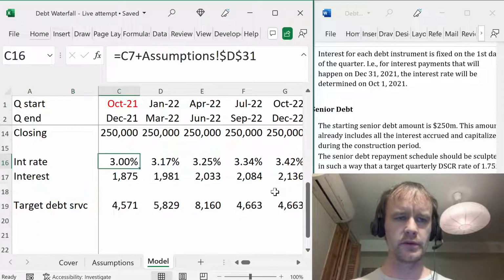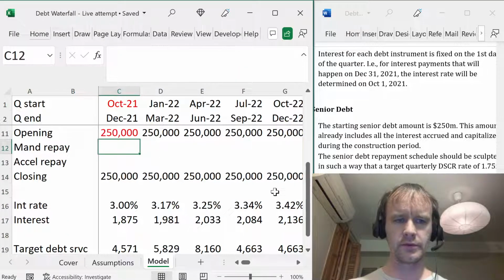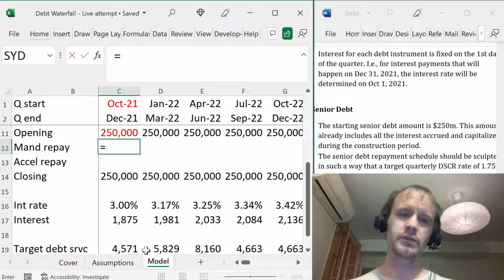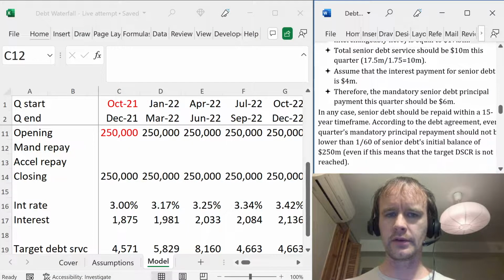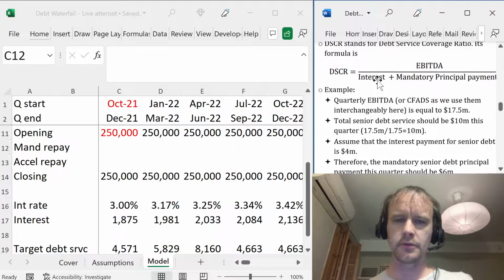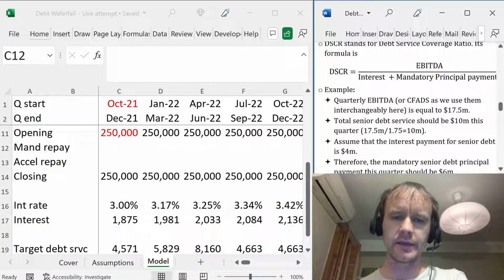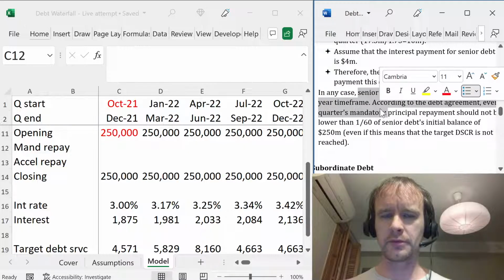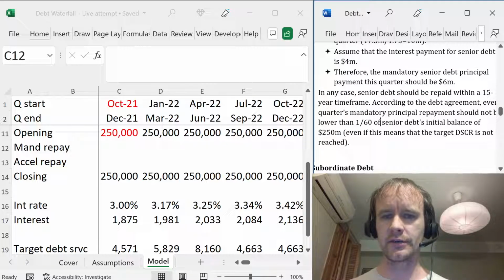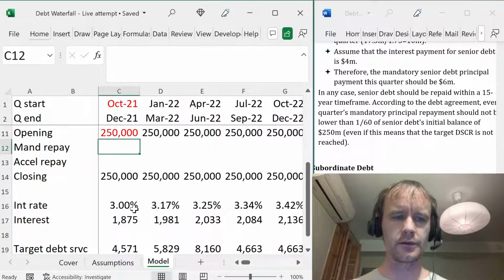So then my mandatory principal repayment is going to be my... before I do that, there's another piece in here about this. There's one mandatory principal repayment, which is at least get to the debt service coverage ratio, and there's a second one, which is senior debt should be repaid within 15 years. Every quarter's mandatory principal payment should not be lower than 1/60th of the initial balance of 250 million, even if that means the DSCR is not reached.